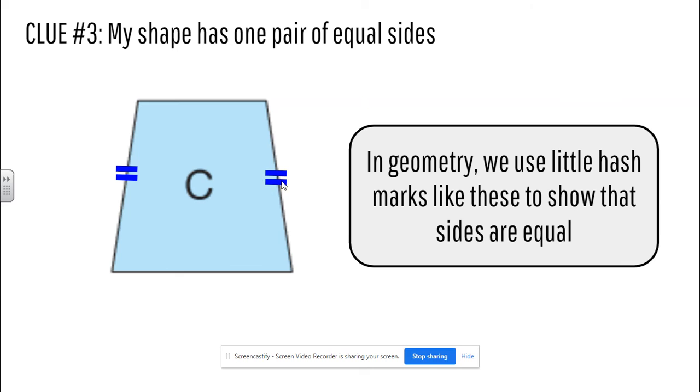You wouldn't always use two of them, though, right? Any line that was equal to those two would have those two little hash marks. But if the top and the bottom were equal, I could use one little hash mark or three little hash marks. I wouldn't want to make them the same. The only way you use the same number is if they are equal to each other.